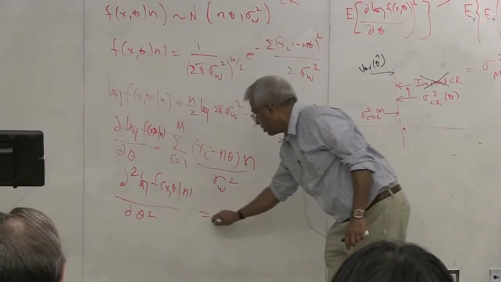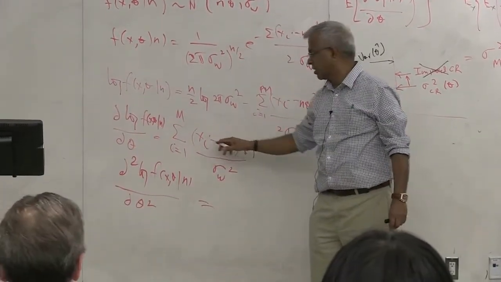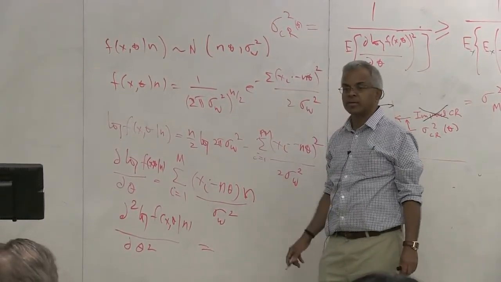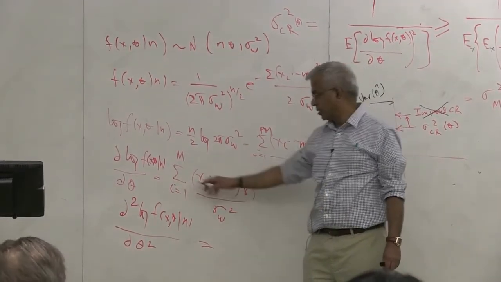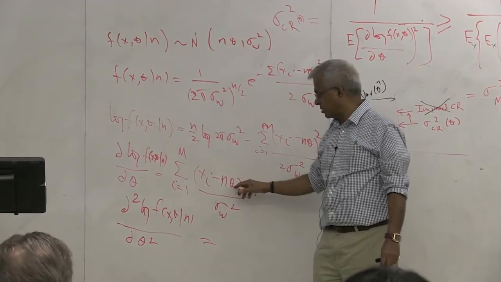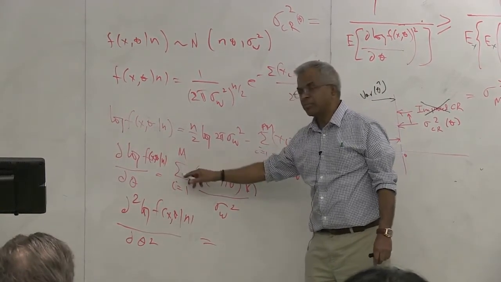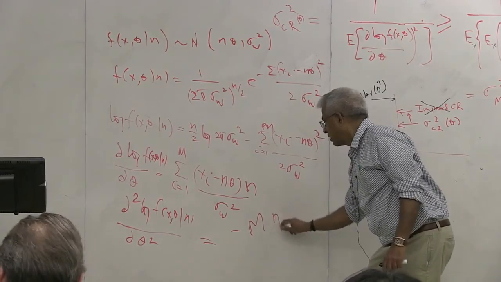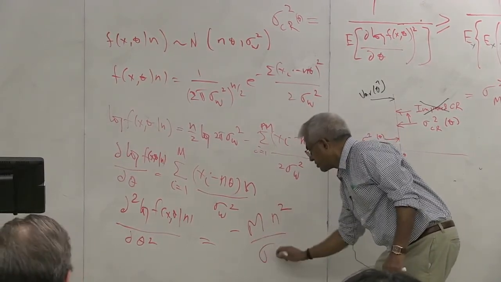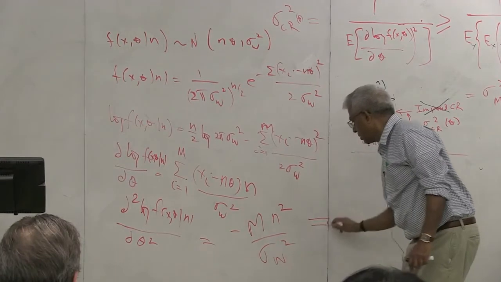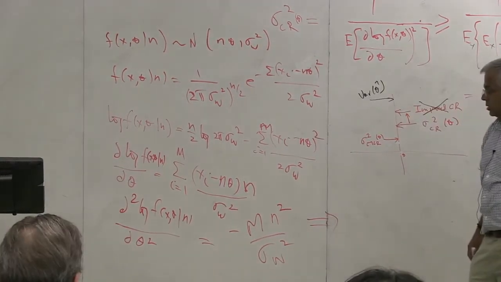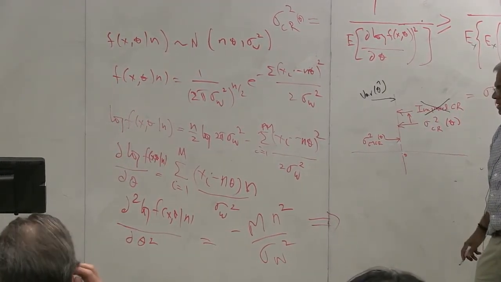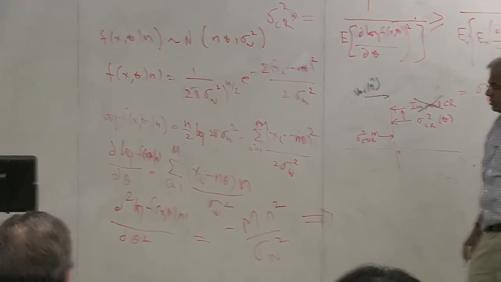The summation comes inside; the first term is independent of theta, the first term has no theta. The second term has theta here, and there are m such terms. So first of all it is minus m n squared over sigma w squared, right? I'm taking the derivative with respect to theta.